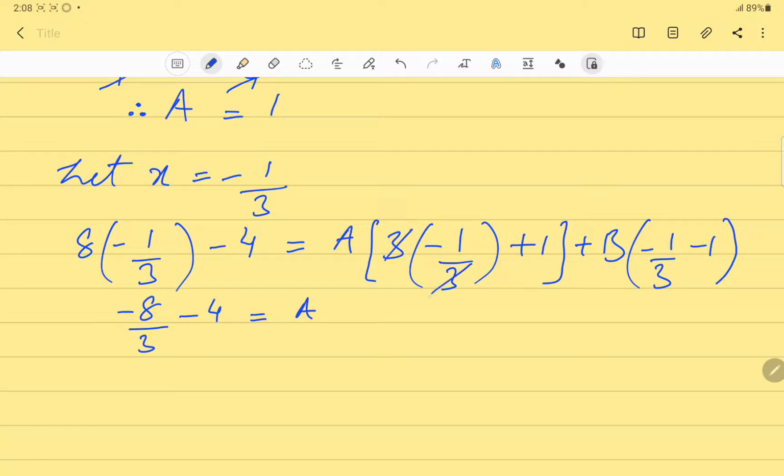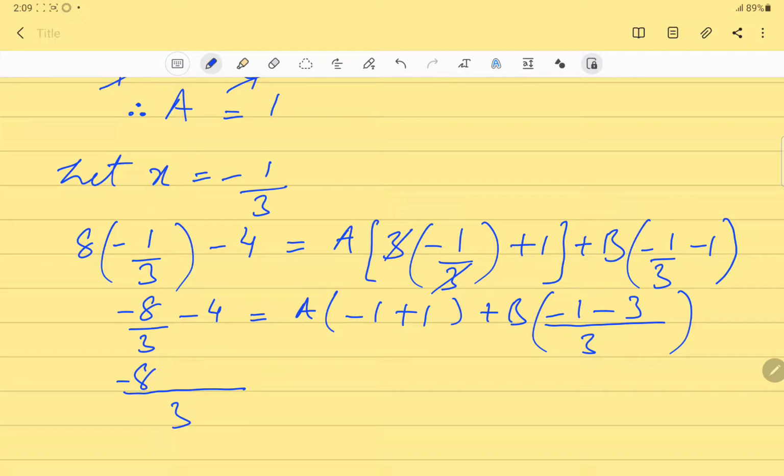This 3 cancels with this, so a into minus 1 plus 1 plus b into minus 1 over 3 minus 1, which is minus 4 over 3.